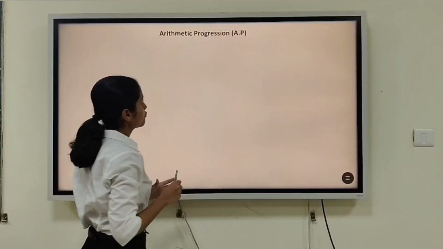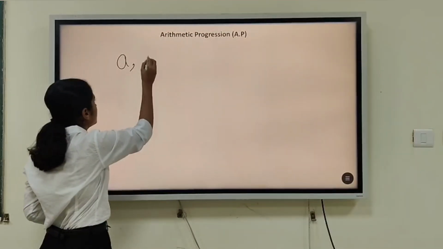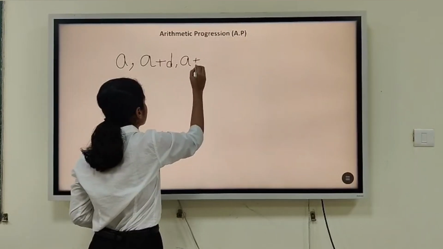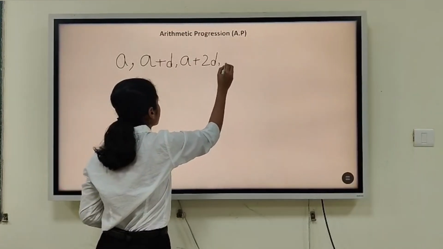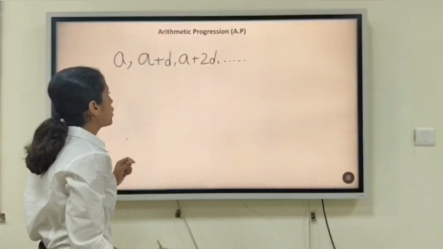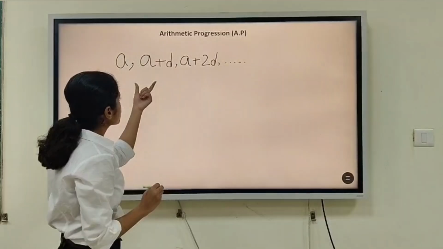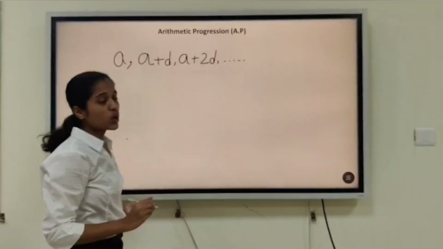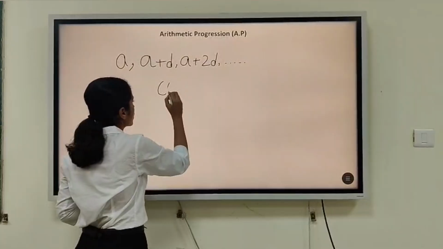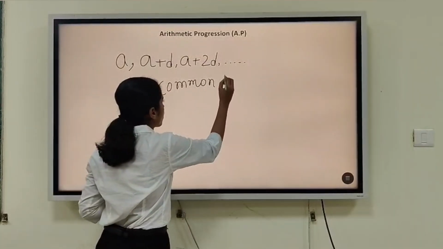The definition of AP: basically we write a sequence in this form and we say that it is in AP. So AP is a sequence in which the difference of its consecutive terms is a constant number, and that constant number is known as the common difference.